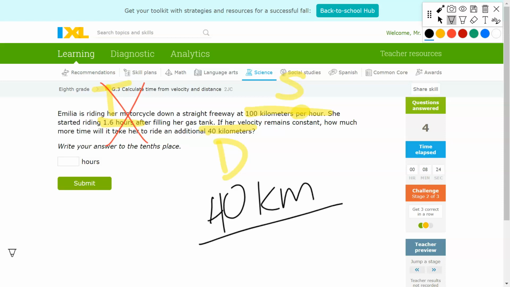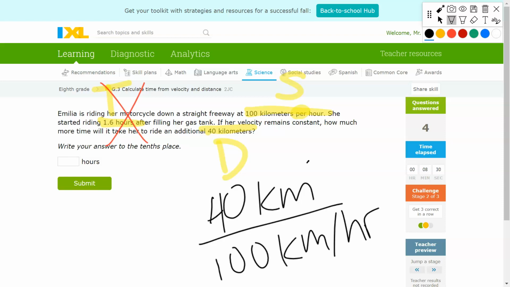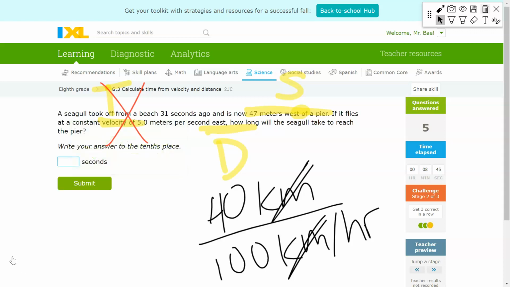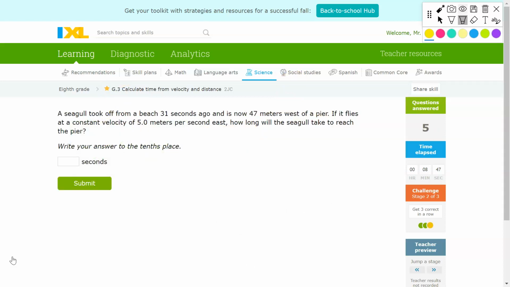You're going to divide that by 100 kilometers per hour. Your answer would then be in hours. Alright, so that should be 0.4 if my math is doing it correctly. Cool. Alright, and we'll do one more.